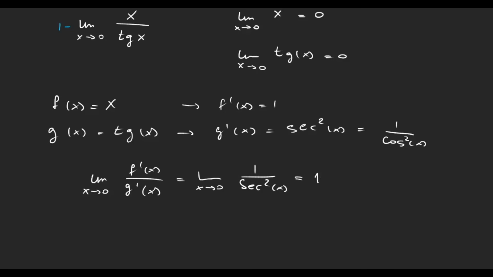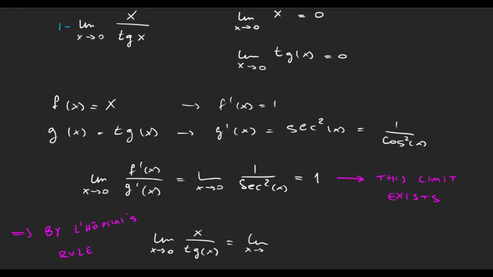So here we can actually say this limit exists. And then by L'Hopital's rule we can finally say that the limit when x tends to 0 of x divided by tangent of x was actually equal to the limit of 1 over secant squared of x, and this one was equal to 1. And so we just calculated this very complicated limit using L'Hopital's rule.